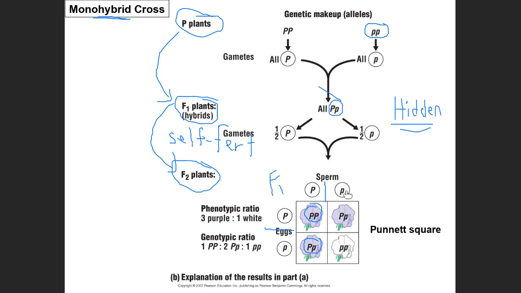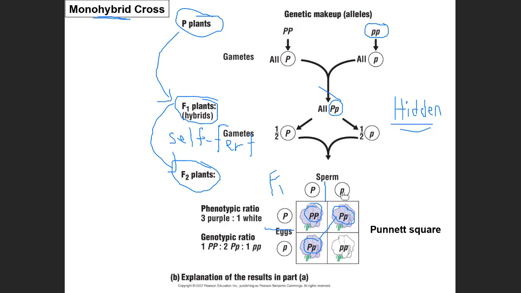So let's say this other 50% of sperm, one of them carrying the recessive allele, fertilizes this 50% of eggs carrying the dominant allele. Well, we end up still with a plant that is heterozygous dominant, genotypically speaking. Phenotypically speaking, it's going to produce purple flowers.